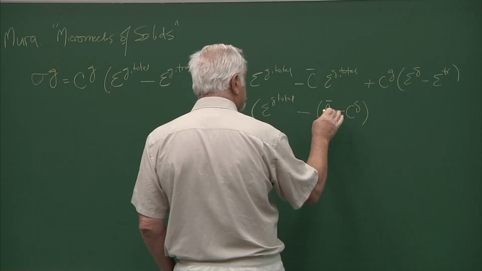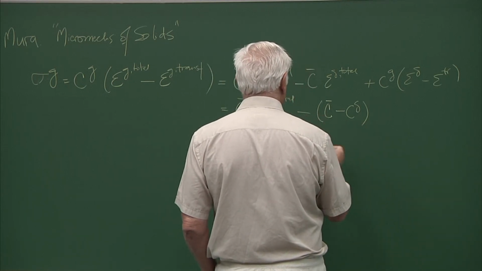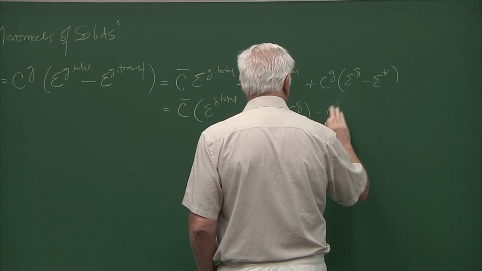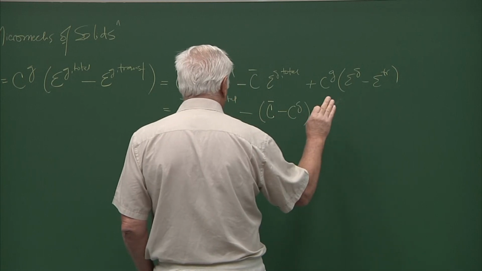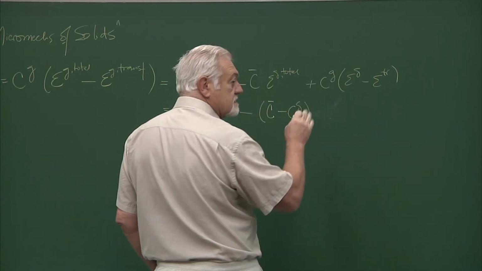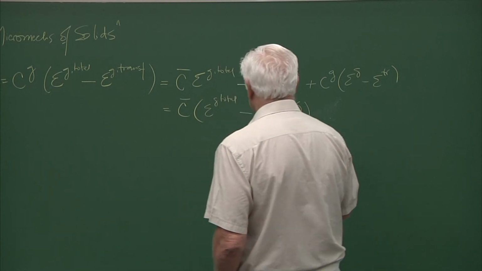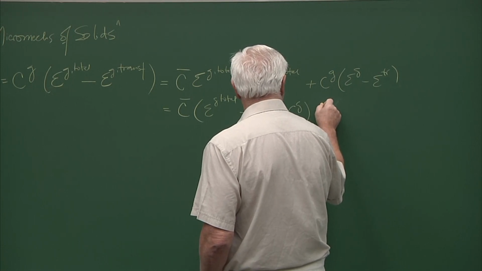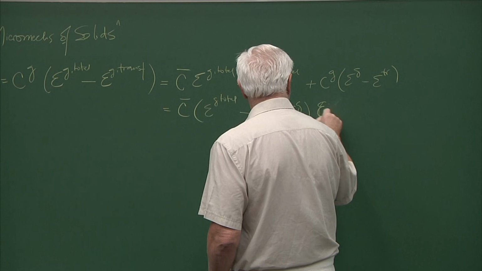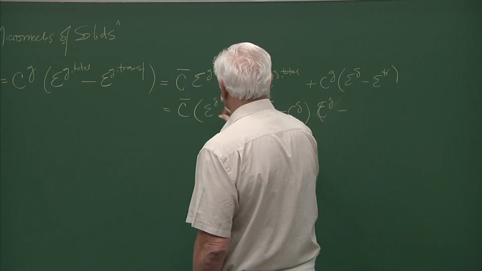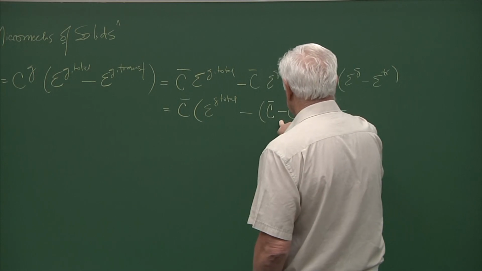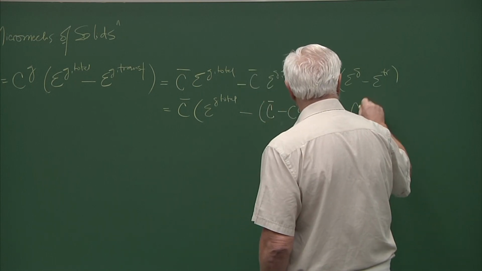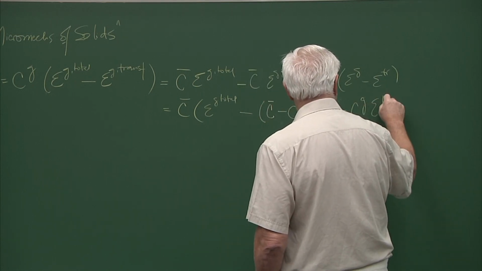I'm not sure I'm getting all the signs right, but anyway, what I'm coming to here is if you add and subtract the right terms, you end up with Eg. So C Eg, this minus is coming here. This Eg is here minus Cg E transformation.